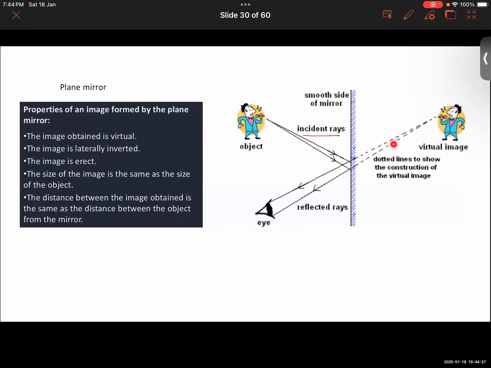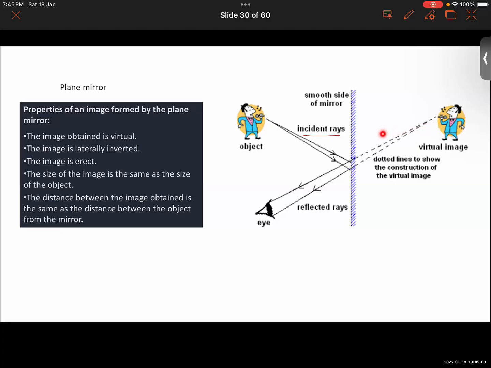The image that is formed is a virtual image, right? You cannot reach it. It's not like the rays of light are actually meeting at a point. Got it? They're not actually meeting. That's why we have shown it with dotted lines. That is one thing. Plus, the image is laterally inverted also. The left side appears to be the right side in the image, right?